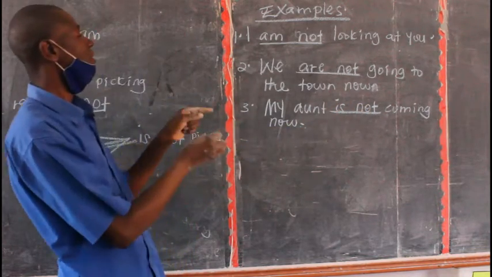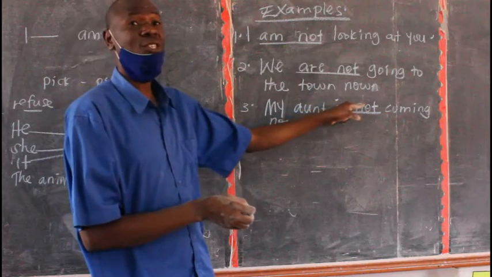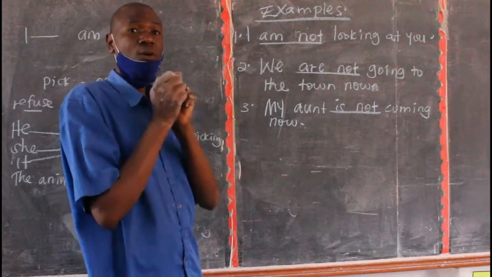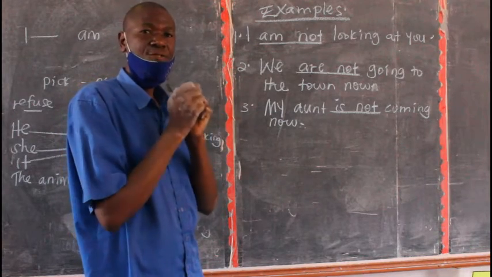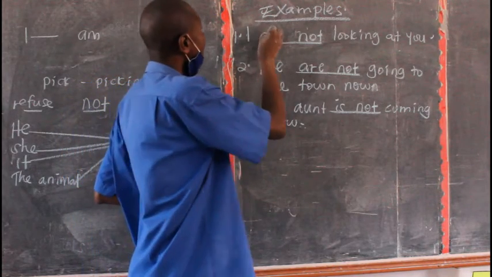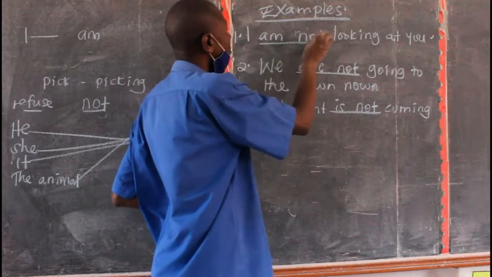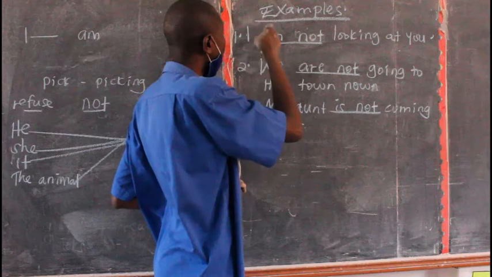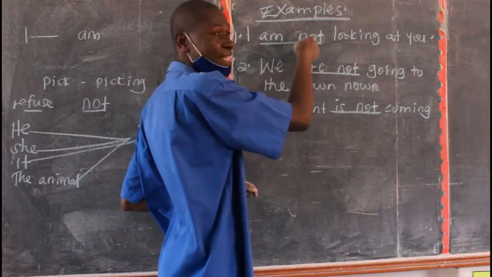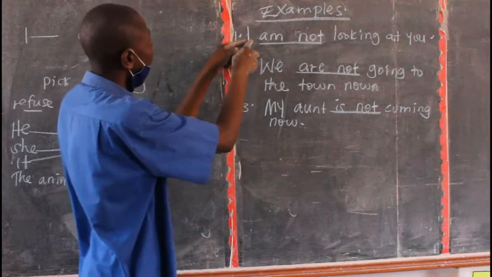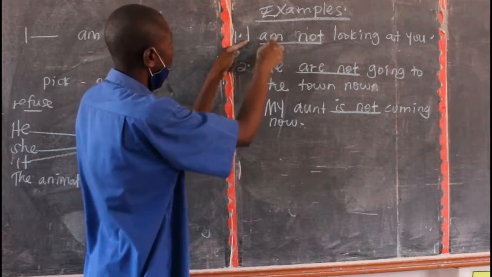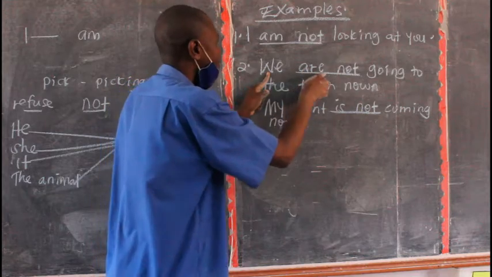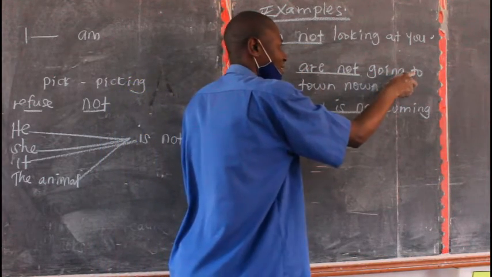So I don't want the business of joining is and not to form one word. That one is what we call word formation. So these helping verbs are different from the word not. So when you are writing a sentence, don't join am with not. Just like you are not supposed to join I with am, we with are. Make sure that the words are separate in sentences.